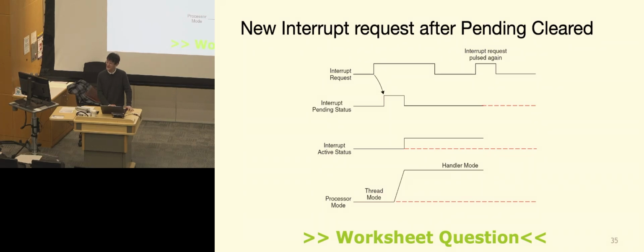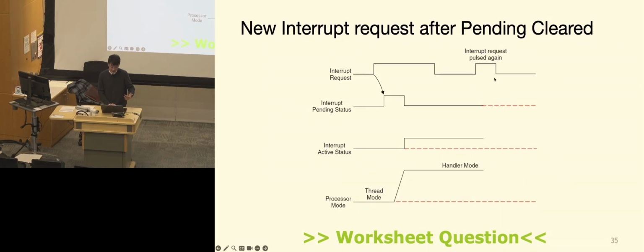That's some good thinking, actually. Anyone agree or disagree with that? So basically, you're saying the rising edge caused the pending state to go up, right?